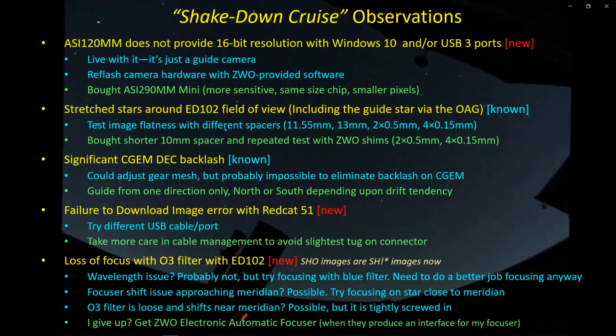So going forward, I think I certainly need to do a better job with focusing, as we just saw. I don't think this is a wavelength issue. I know I'm having the issue with the oxygen filter, but not the sulfur or the hydrogen alpha, which are both on the red end of the spectrum. Oxygen is more in the blue-green area.